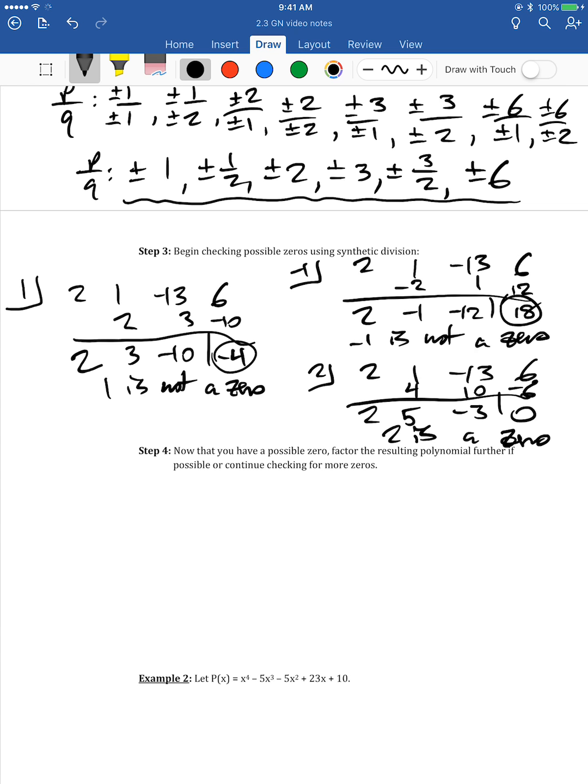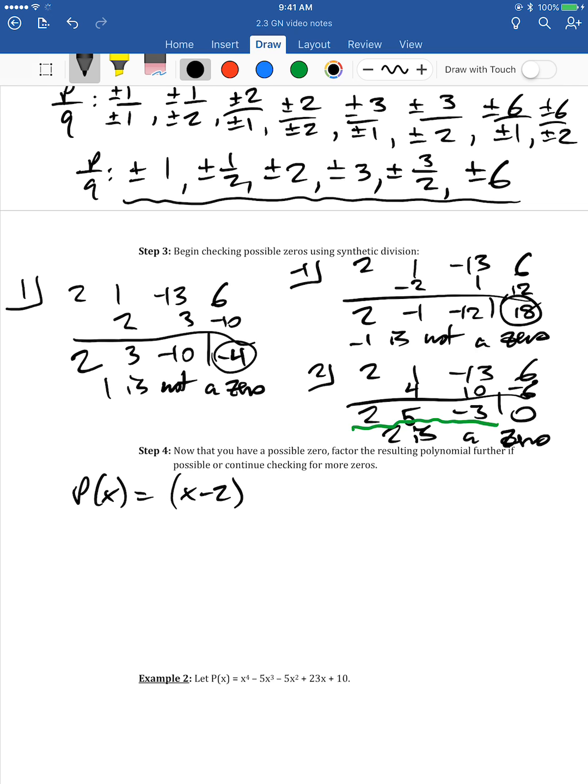So we can move on to step 4. Now that we have found a 0 for our polynomial, we also ended up with a trinomial here, didn't we? So if 2 is a 0 of p of x, that means x minus 2 is a factor.